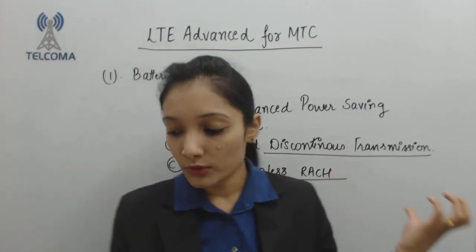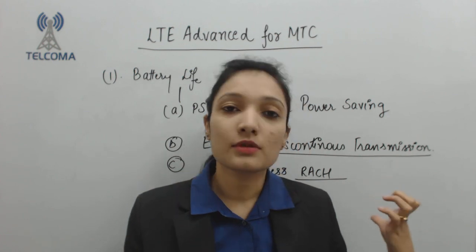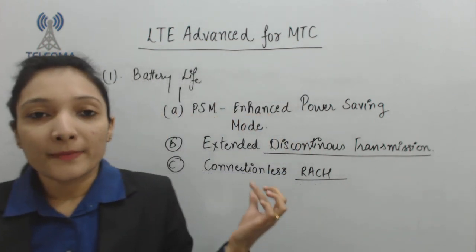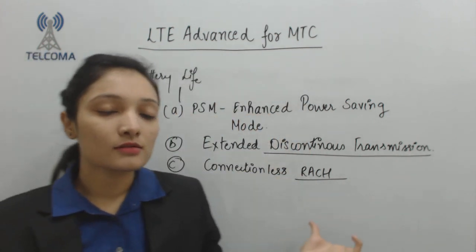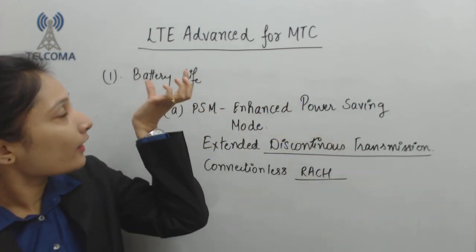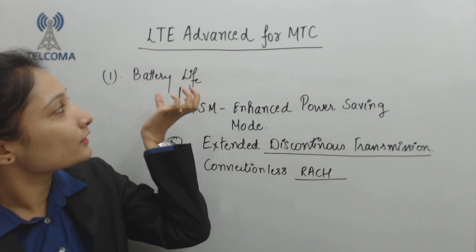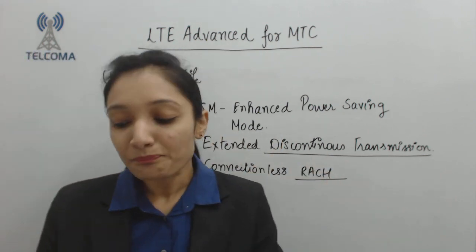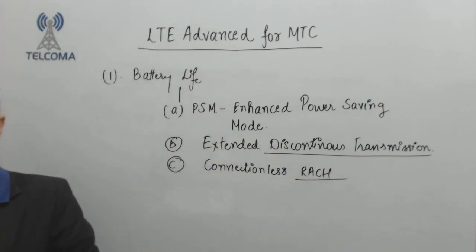This is a common control channel, which is used for data transmission, making the transmission of data more efficient. So these are certain optimizations in LTE Advanced for machine type communication systems.